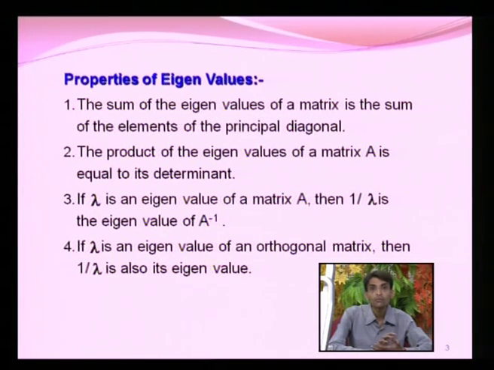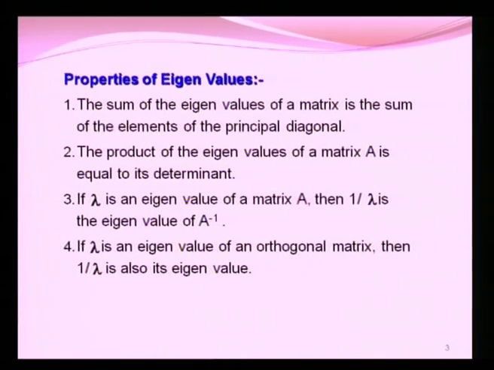You just need to find the eigenvalue for the matrix A, and 1 upon lambda will be the eigenvalue of A inverse. If lambda is an eigenvalue of an orthogonal matrix, then 1 upon lambda is also an eigenvalue of that matrix. This is the fourth property.